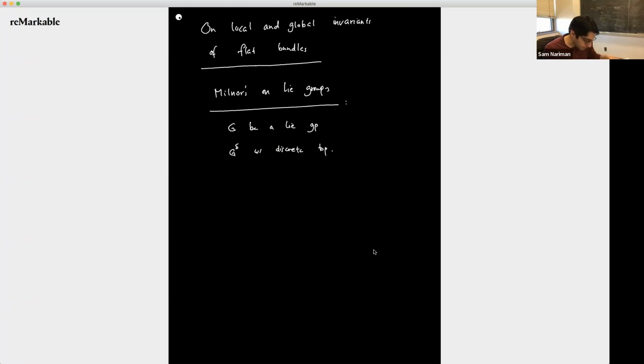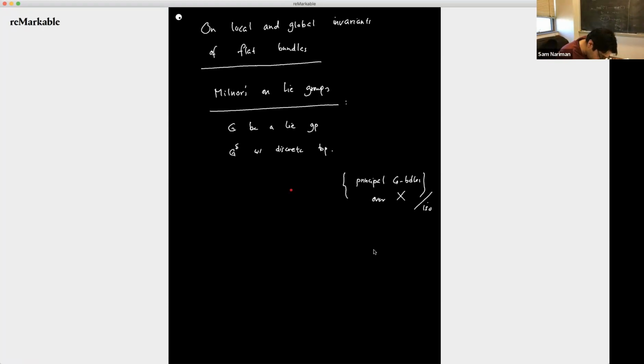So what Milnor was interested in was, if I say it in a moduli theoretic way, suppose that you're interested in principal G bundles over X, some topological space X, up to isomorphism. So that's one moduli theoretic problem.